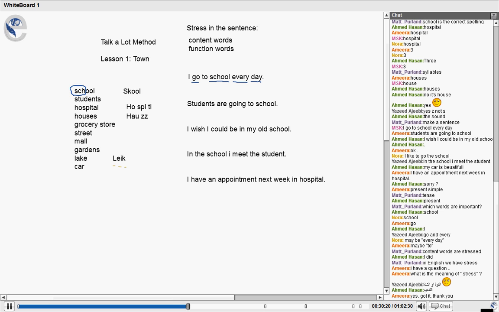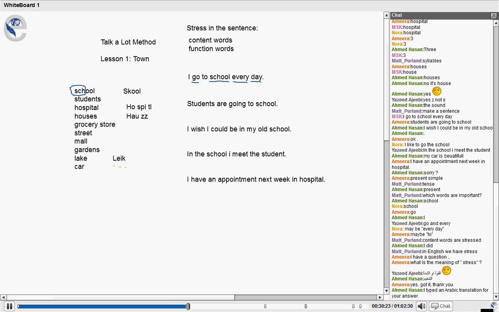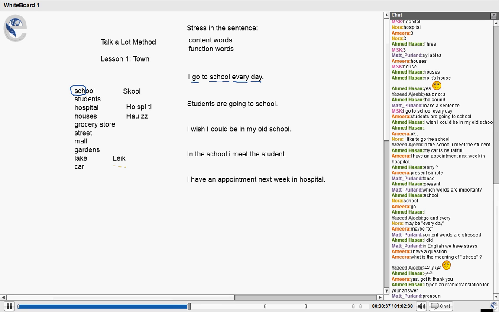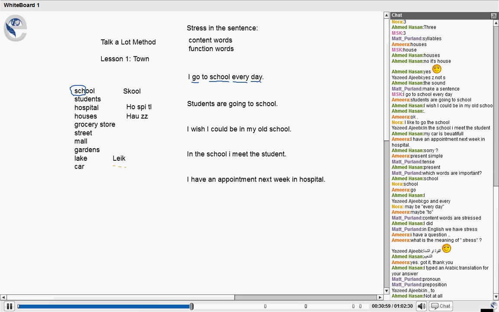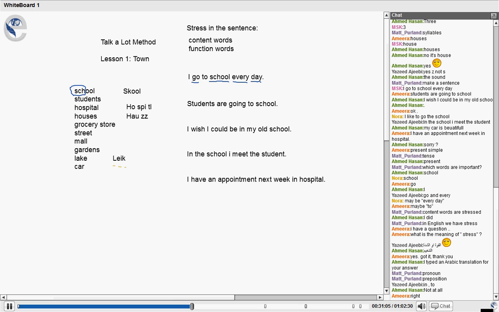So some words are not stressed in English. These are called function words. For example, I. I is a pronoun. It's not stressed. I, you, he, she, not stressed. To, it's a preposition. Not stressed. Doesn't have any meaning, does it? If I say to you, to, or I, it has no meaning on its own. But if I say to you school, day, then you know what it means. You can picture it.